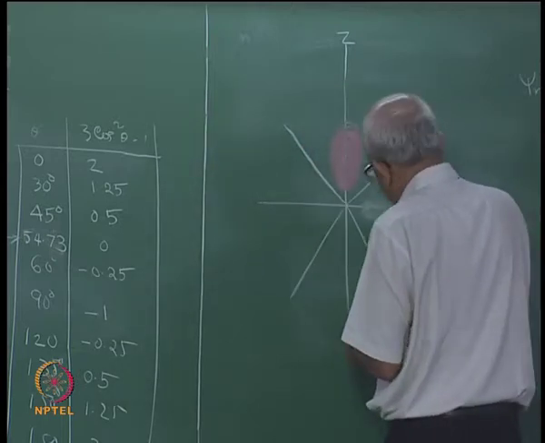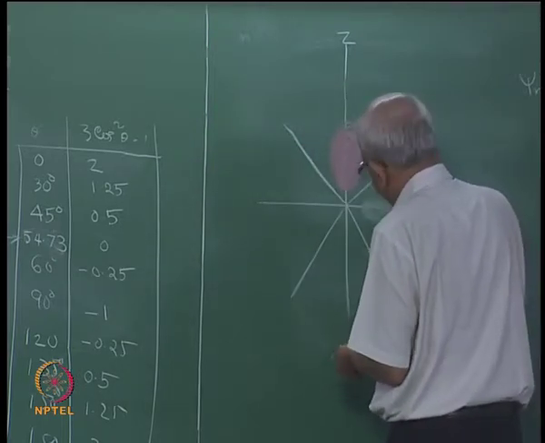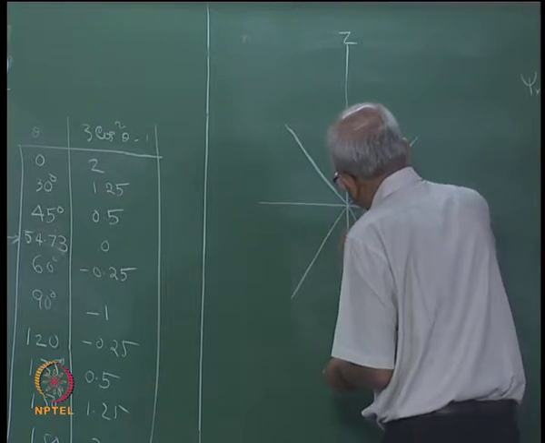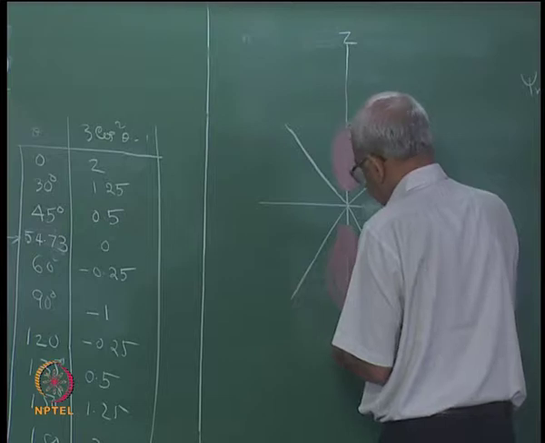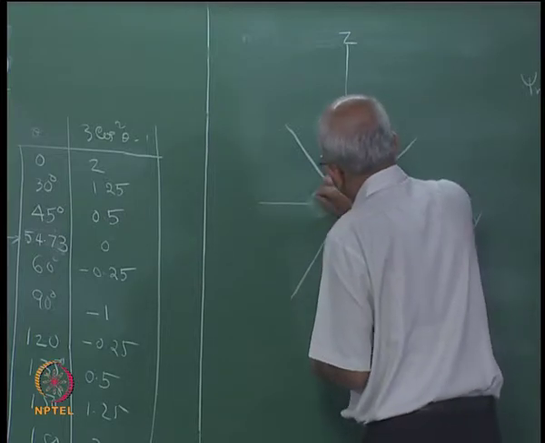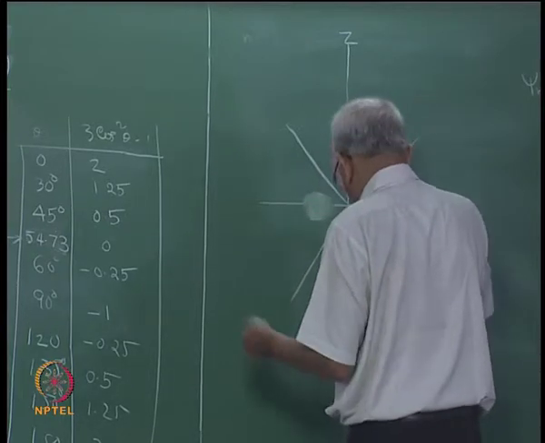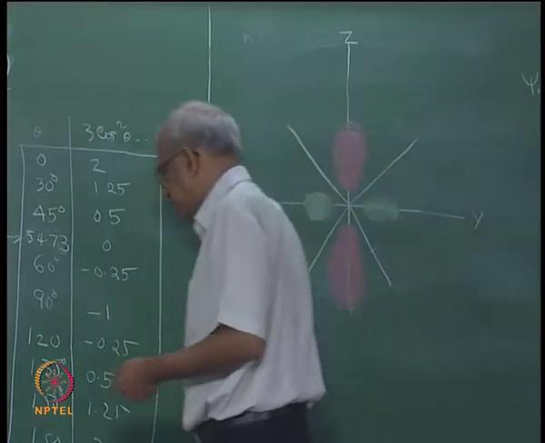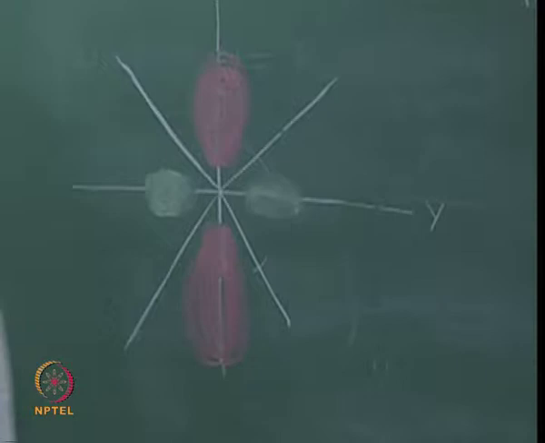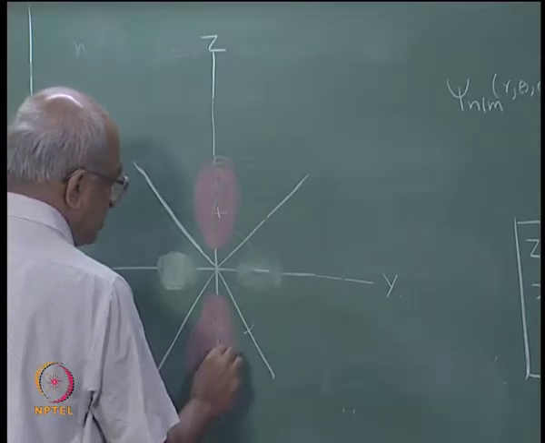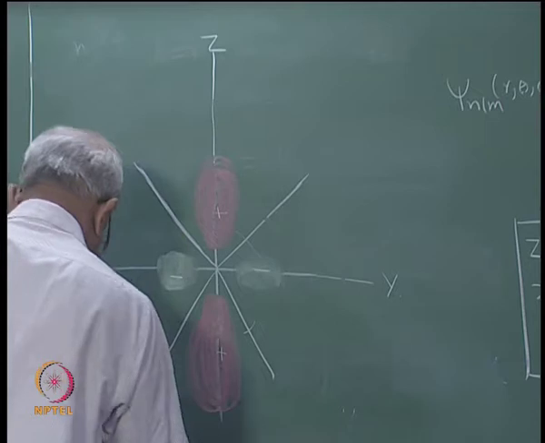And then when again I cross this line, what will happen? The function will again change sign. So, in this region the function will be positive, and then again in this region the function will be negative. So, that is how the function would look if you made a density plot. This is positive, that is negative, this is positive, and that is negative.